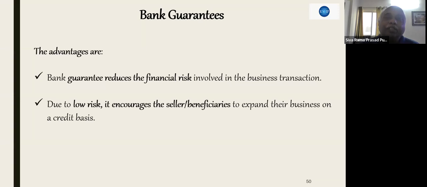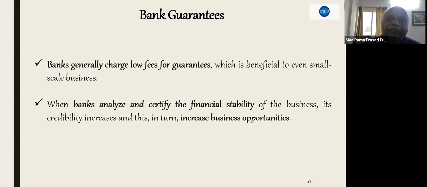Instant amount is not provided by the companies. Bank guarantees are generally low-fee guarantees. Once the loan is taken, whether the borrower is awake or sleeping, the interest will be calculated by the core banking system, the software.